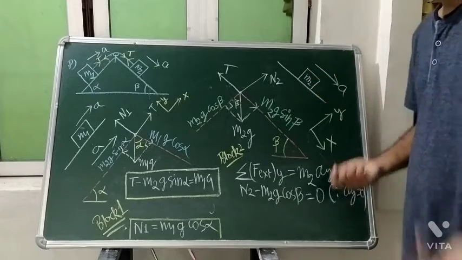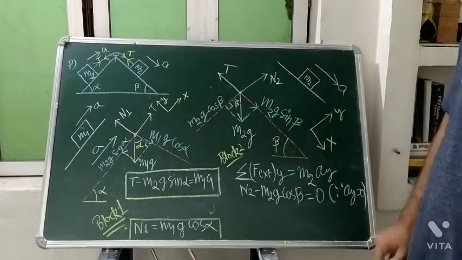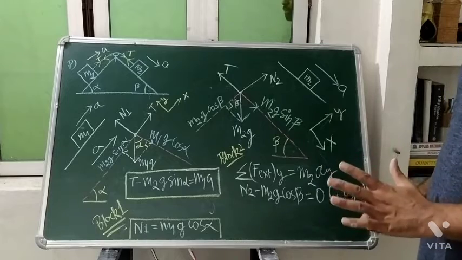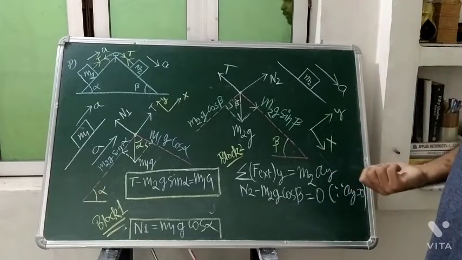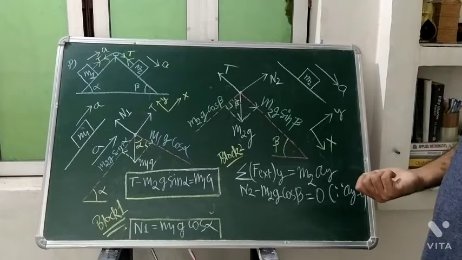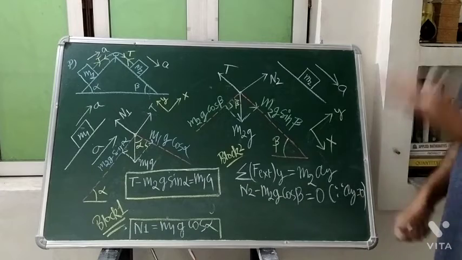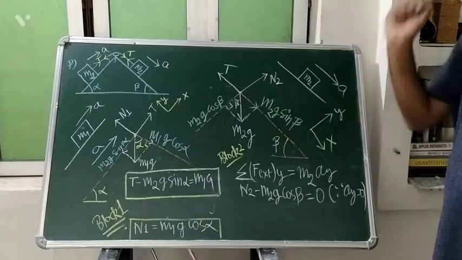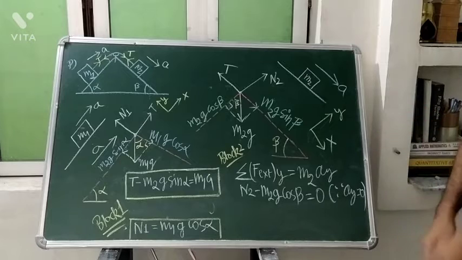The lift case we can talk about. When the lift is at rest or moving upward or downward with constant velocity, the reaction is equal to the weight of that body. And here the lift is not accelerating, so the normal reaction is going to be the same as the weight of that object.